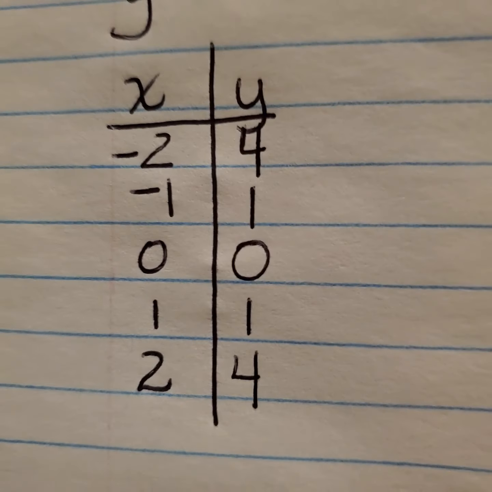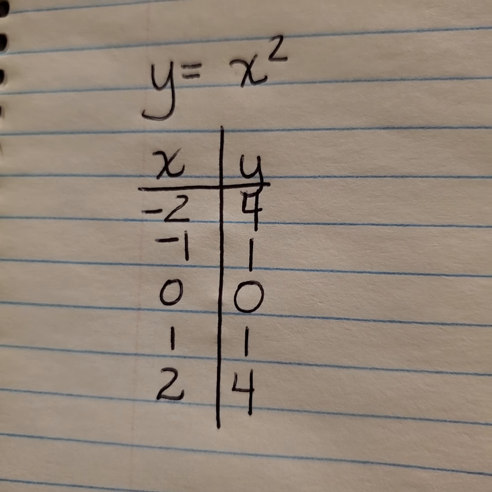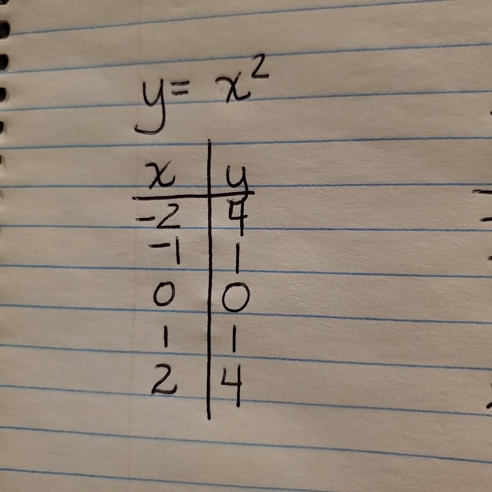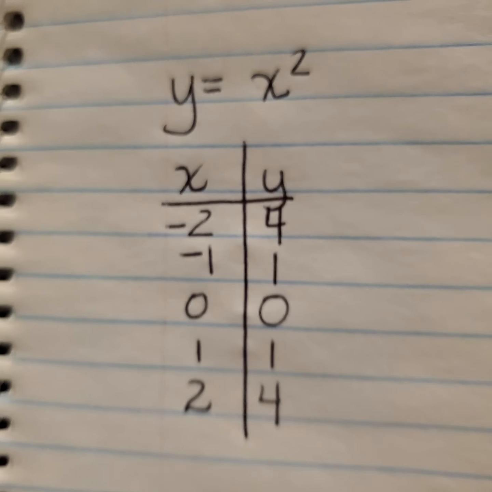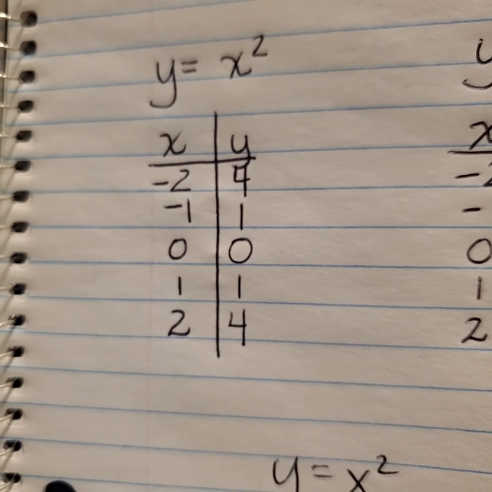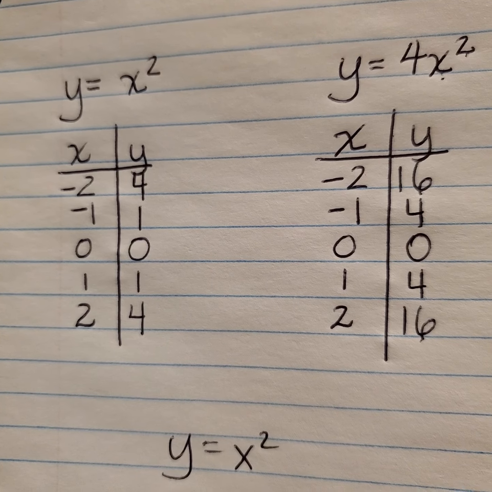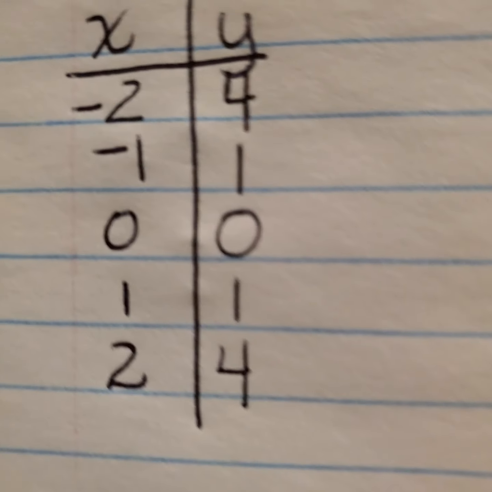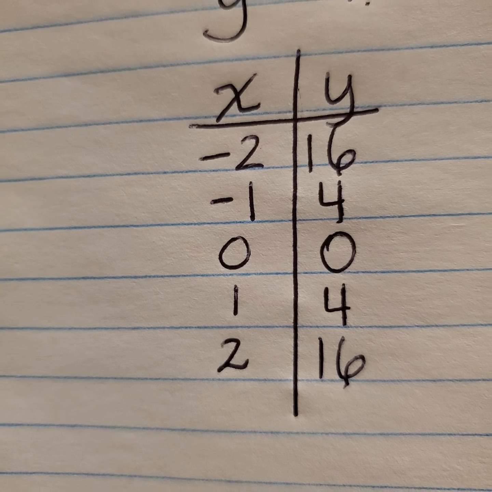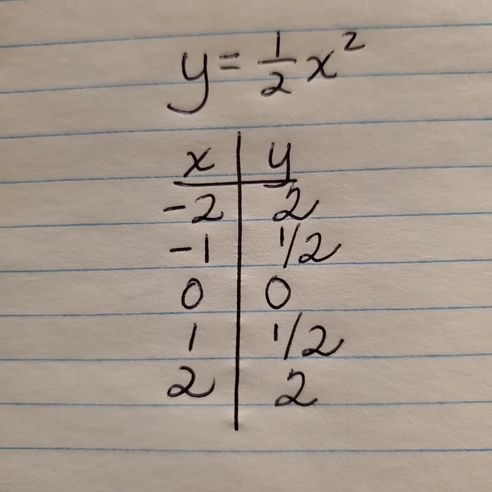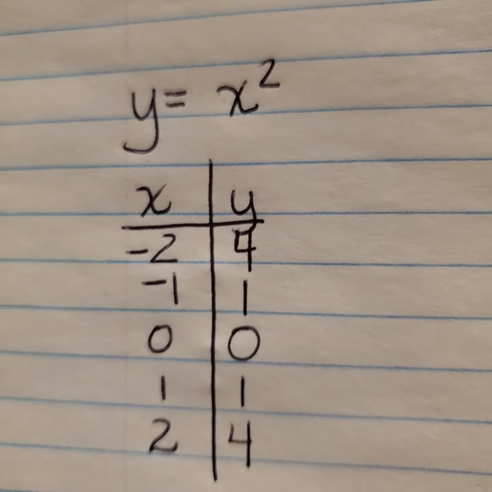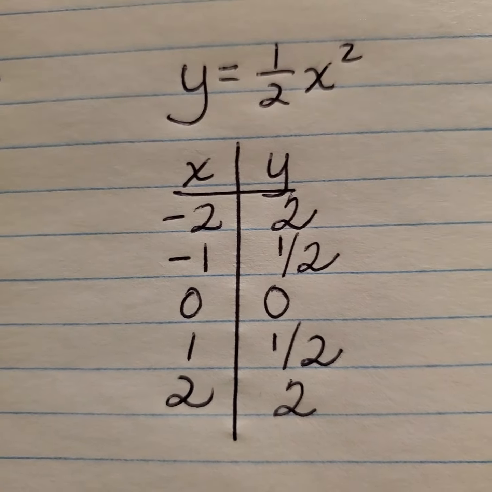We'll have a look. Here is the standard quadratic relation, right? Nothing fancy, no number in front of x squared, so the a has an invisible 1 value right there, okay? Then, when the a value was 4, I essentially just took my y values from here and multiplied them by 4, okay? When the a value was 1/2, I essentially took my y values over here and multiplied them by 1/2, okay?